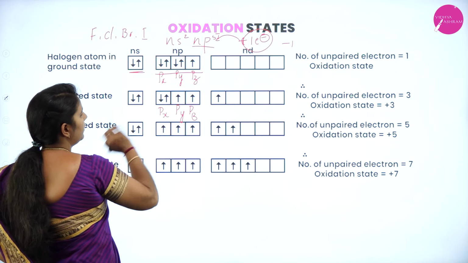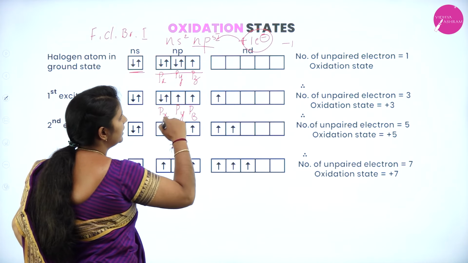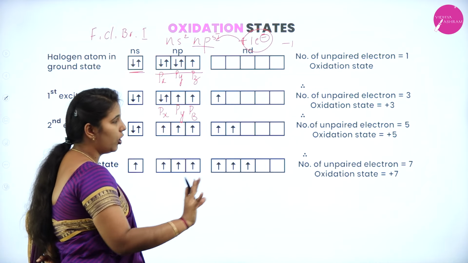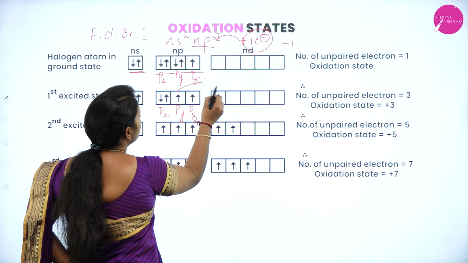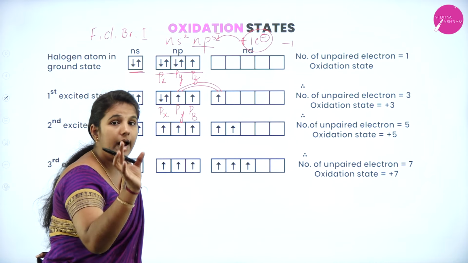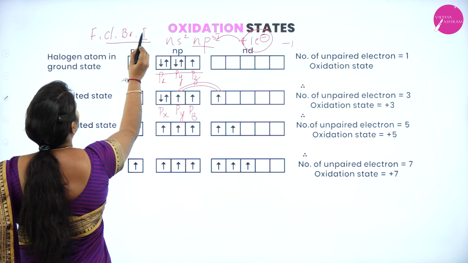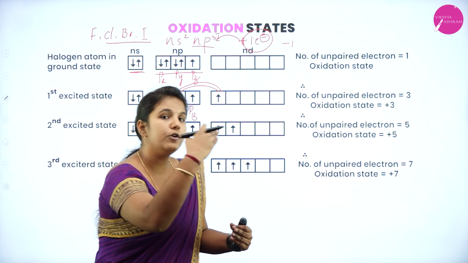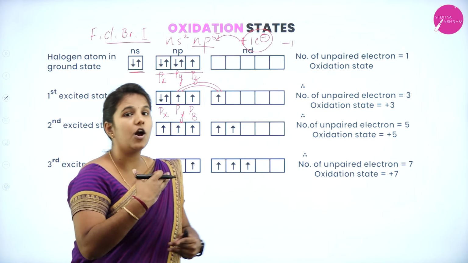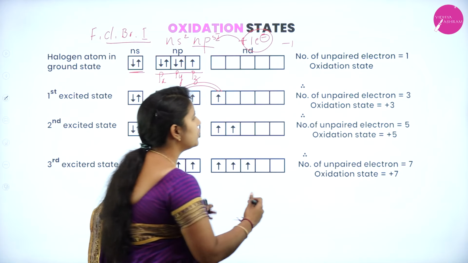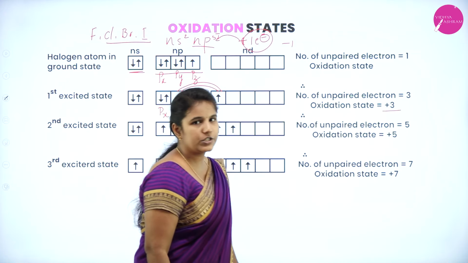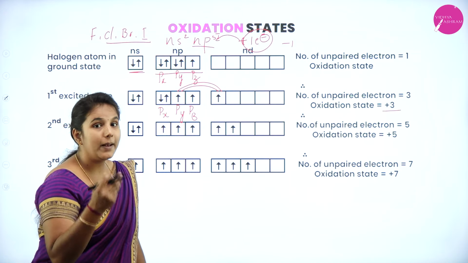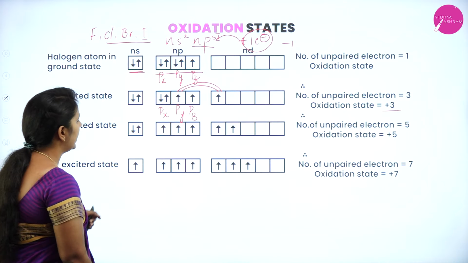One of the electrons from the Py will be shifted to the empty d orbital, thereby it shows 3 unpaired electrons. So this indicates that all these three elements, that is chlorine, bromine and iodine, in the first excitation state, can push one electron towards the empty d orbital, thereby it shows +3 oxidation state.